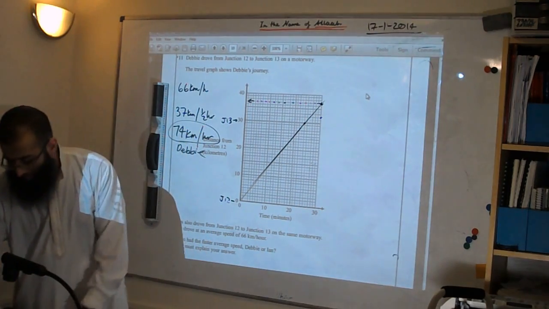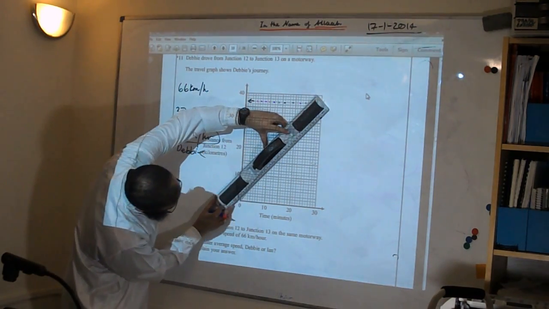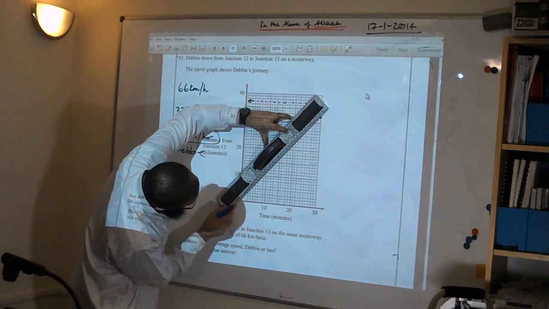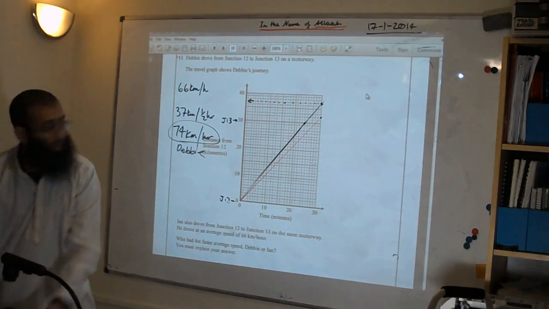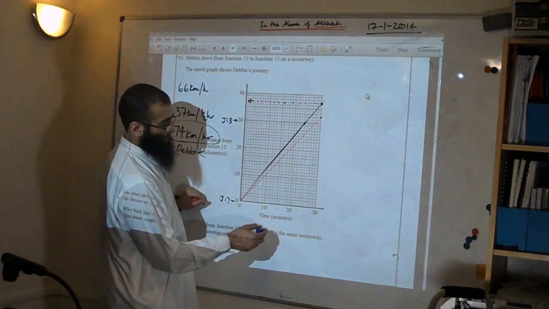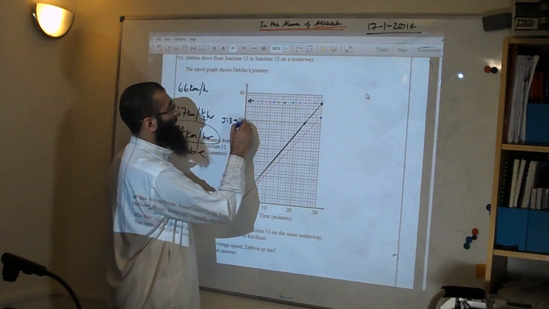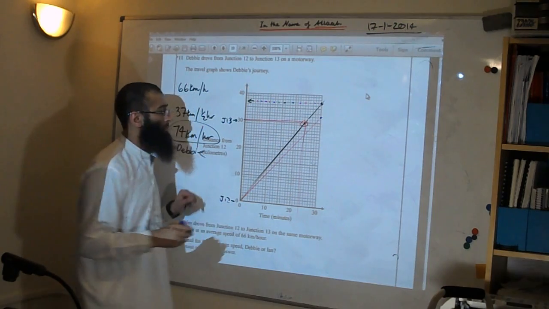So we can see by using both techniques. There's Ian's. Because Ian's graph is below hers, that shows that Debbie is traveling at a faster speed, because she has to reach here. So this person reaches there first.